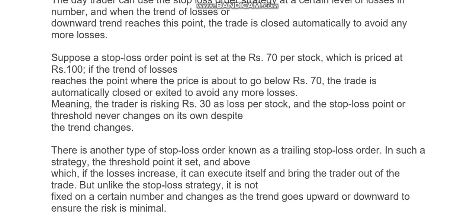Suppose the stop loss point is set at rupees 70 per stock, which is priced at rupees 100. If the price is about to go below rupees 70, the trade is automatically exited, meaning the trader is risking rupees 30 as loss per stock. The stop loss threshold never changes on its own despite the trend changes.